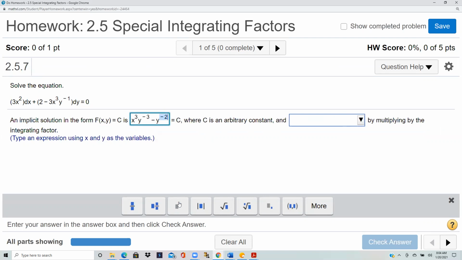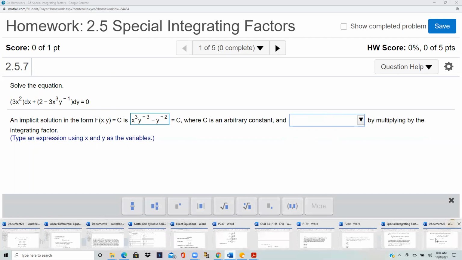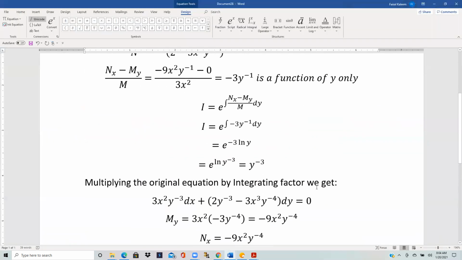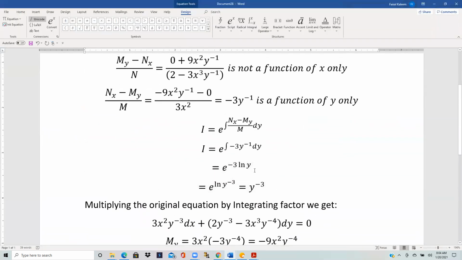Now, remember, at some point after finding the integrating factor, we multiplied both sides of this equation with that integrating factor, which was y to the negative 3. And usually when you do this, you can introduce a new solution, or you could remove an original solution.